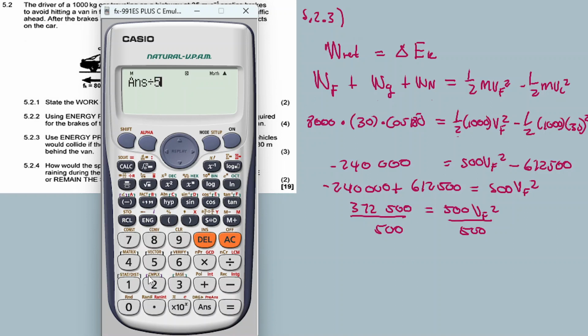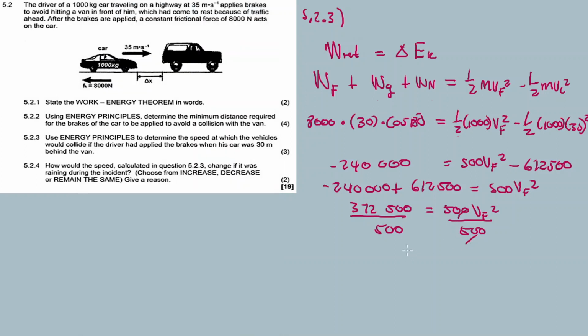Calculate this, 745 is equal to v final squared.